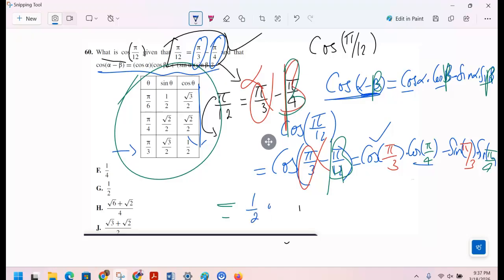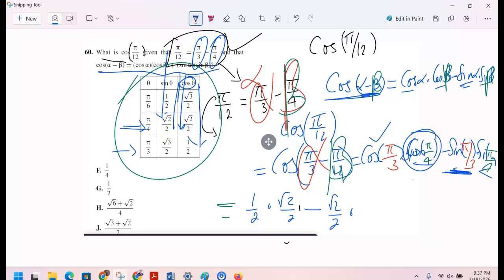Then cosine pi by 4. Pi by 4 is this, cosine is here, so that's root 2 over 2. Then sine, sorry, this is sine. I made a mistake. First is sine pi by 3.